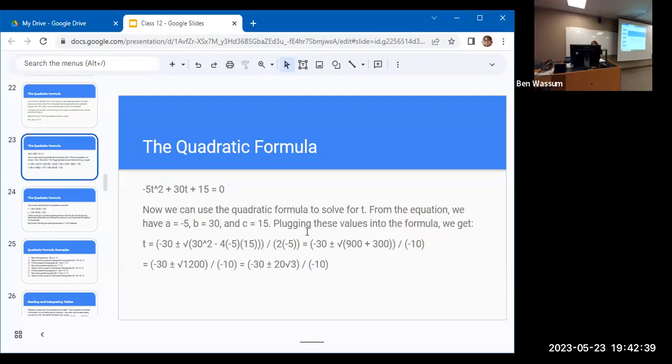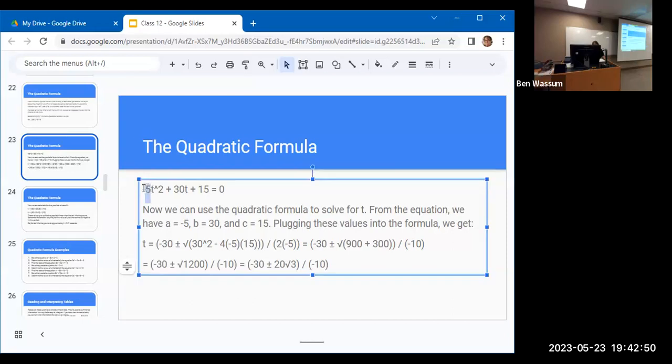So now you can use the quadratic formula to solve for t. Now, I'm just going to kind of gloss over everything that happens here. But the basic idea is that this is a, that -5. This is b, 30. And this is c, 15.